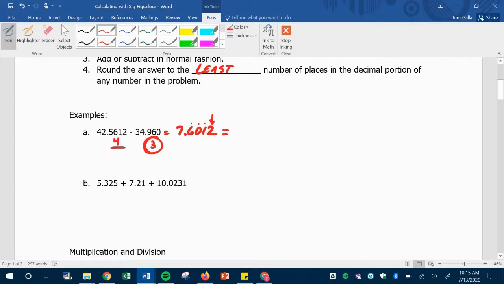Remember, if it's 5 or up, it's going to round up. In this case, the 1 means we round down, because if it's less than 5, we don't change that final number. So we get 7.601.